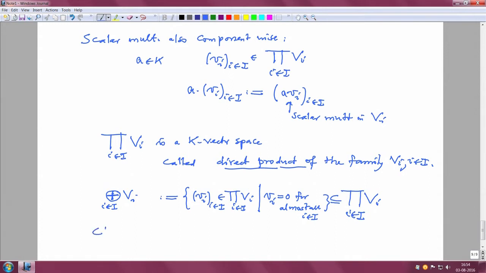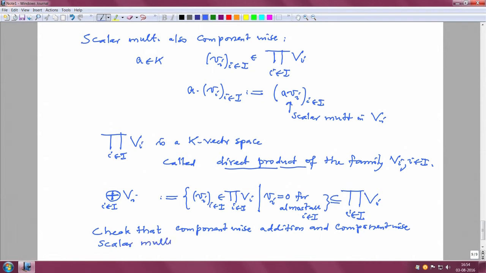So I will just check that component-wise addition and component-wise scalar multiplication makes this direct sum a K-vector space.